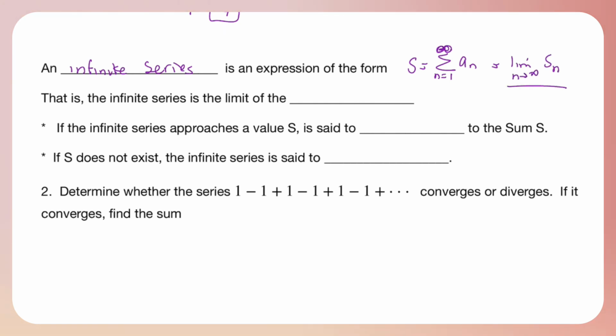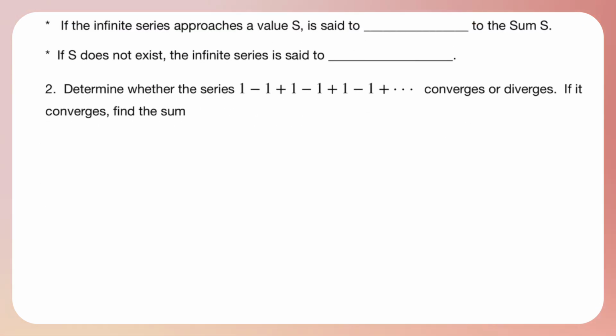Okay, that is, the infinite series is the limit of the nth partial sum. If the infinite series approaches a value s, it is said to converge to a sum of s. If s does not exist, the infinite series is said to diverge.